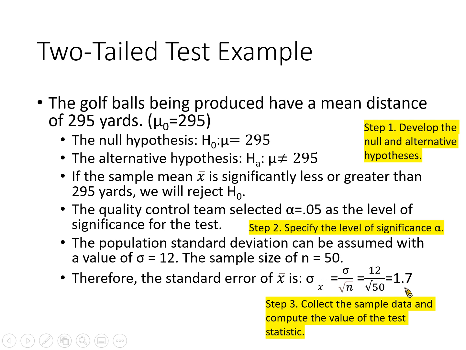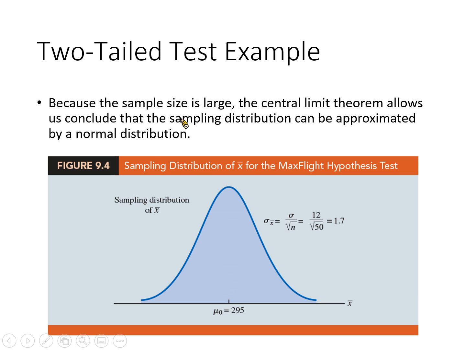Then think about how to collect the sample data and compute the test statistic. Because the sample size is large, following the central limit theorem, we can conclude that the sampling distribution is a normal distribution, just like this.